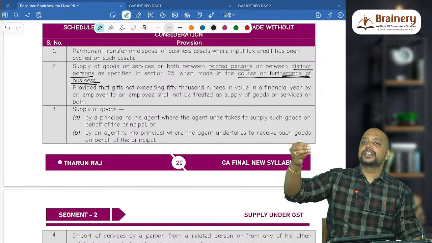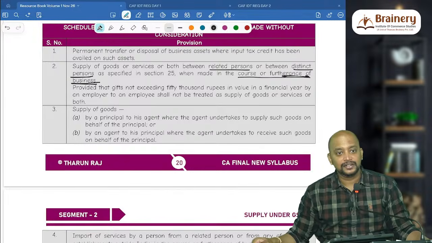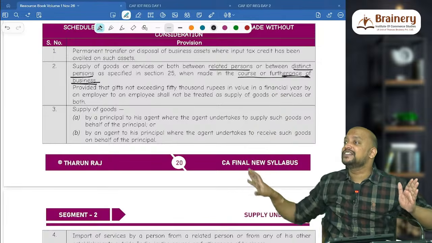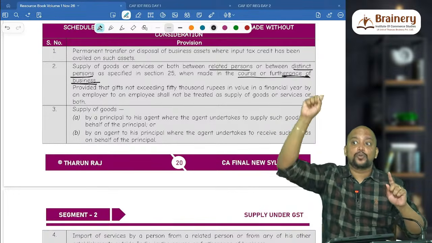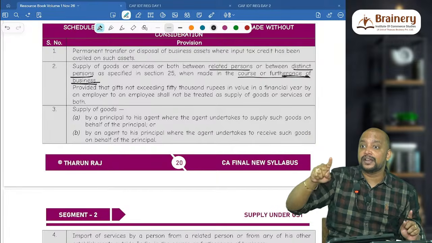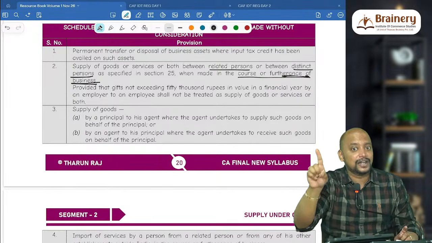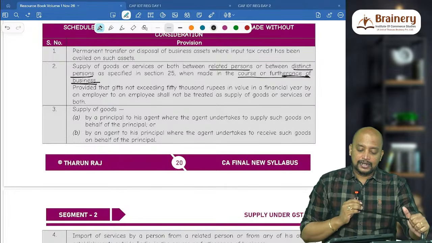Suppose employer gifts one Redmi mobile to employee which is 20,000 rupees. You understood? If it exceeds 50,000, entirely it will become supply, not the excess alone. Means in that 1 lakh example, it is supply. What is the value of supply? Entire 1 lakh or extra 50,000? Entire 1 lakh. Entire 1 lakh will become supply. Is that clear? Next.